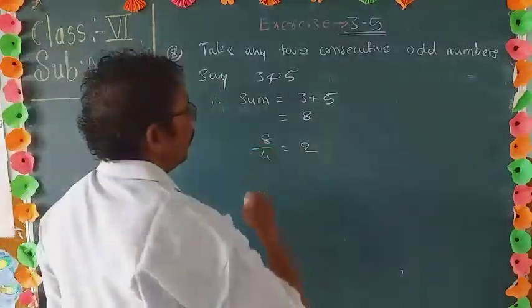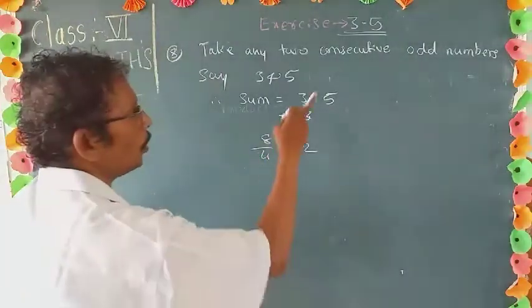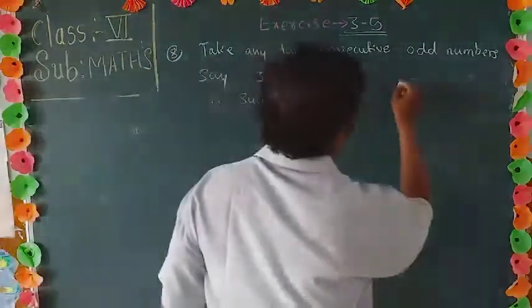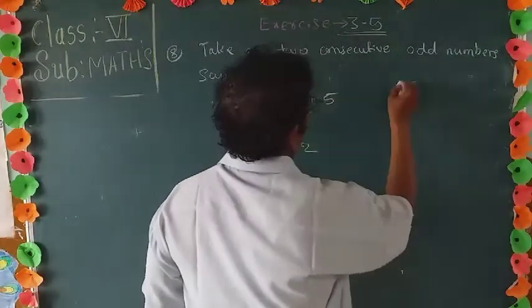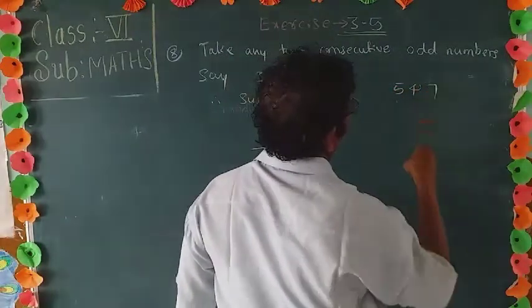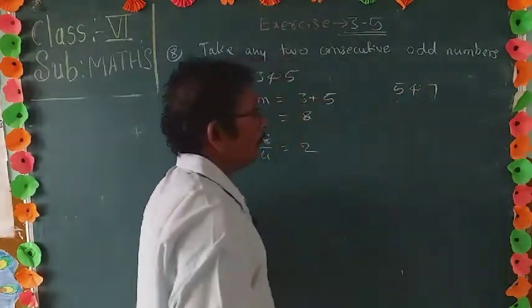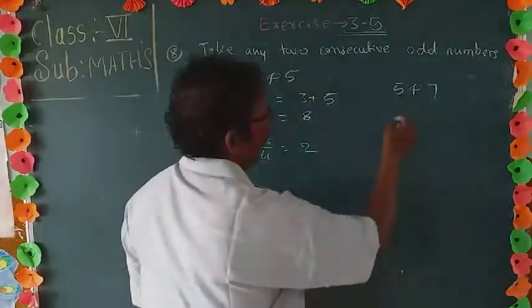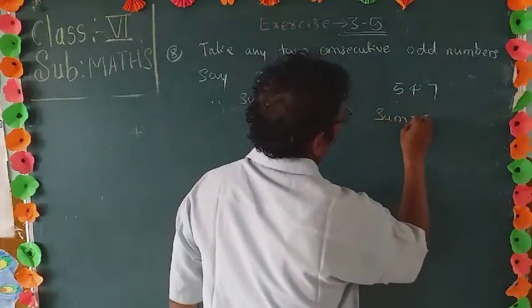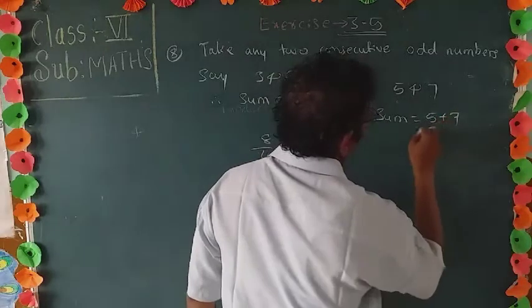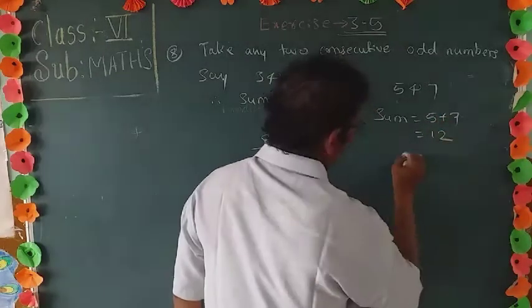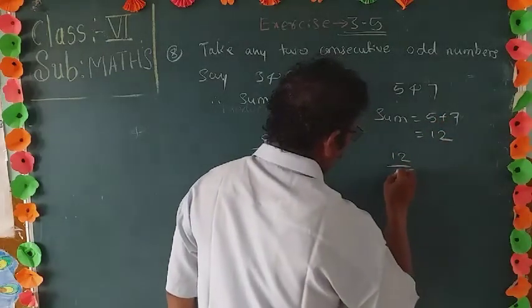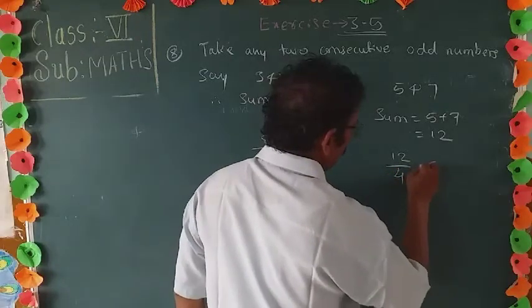Similarly, take another pair, 5 and 7. They are consecutive odd numbers. Their sum is 5 plus 7, which is equal to 12. This 12 is divisible by 4.